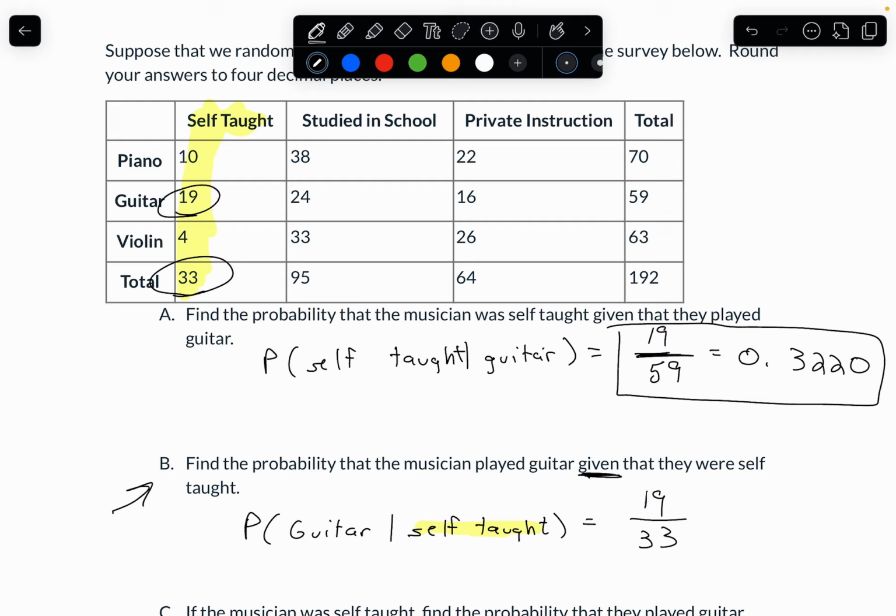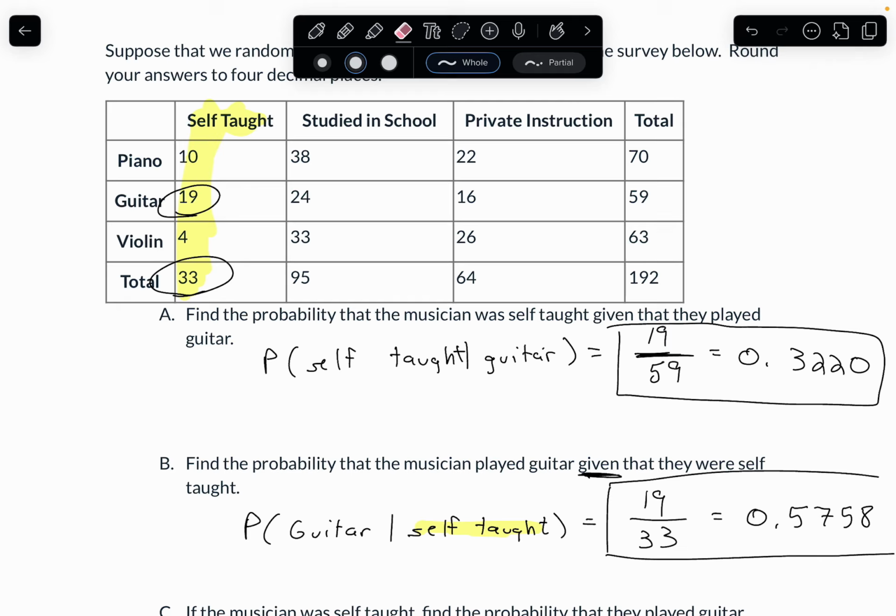So 19 out of a total of 33. So 19 out of 33 gives me 0.5757, repeating, would round to 0.5758 if I do 4 decimal places. So my probability looks a little something like this.